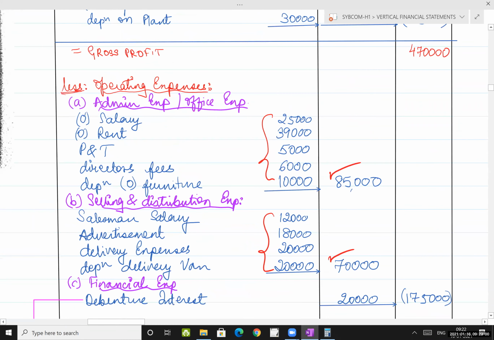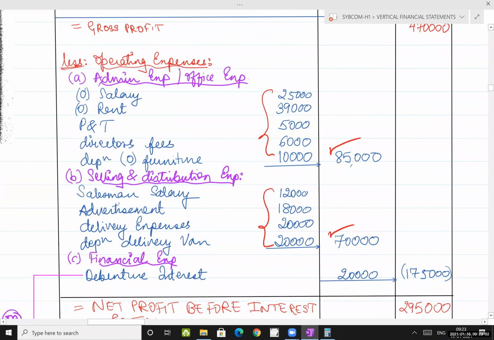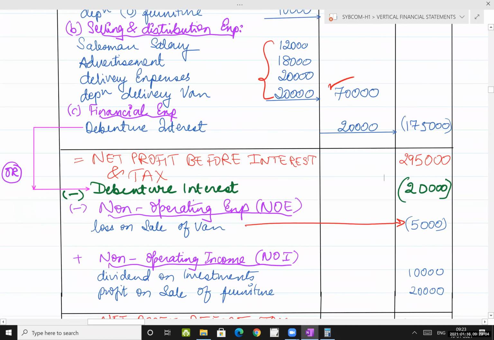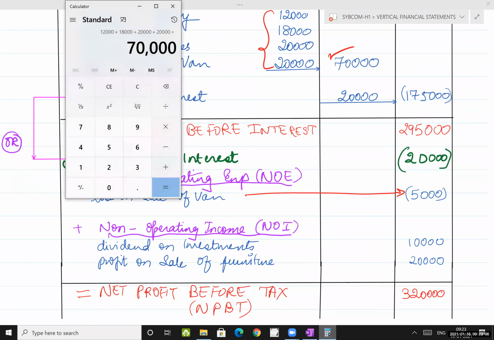The 4,70,000 is my gross profit. 3,20,000 net profit before tax.